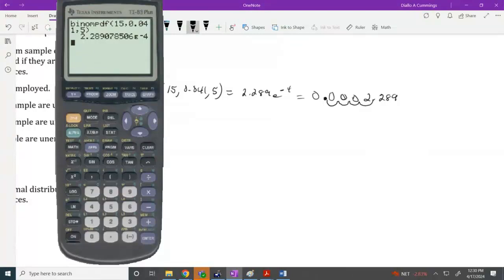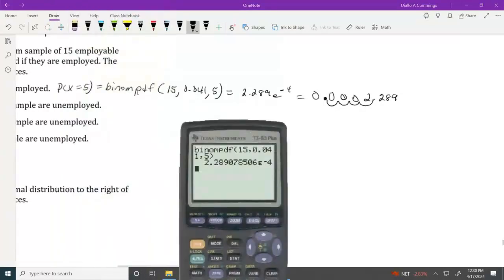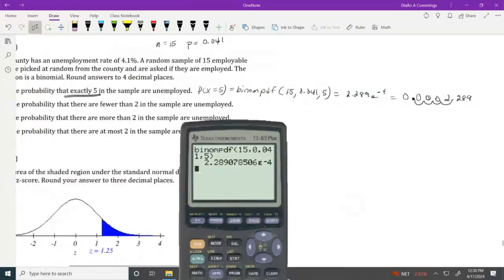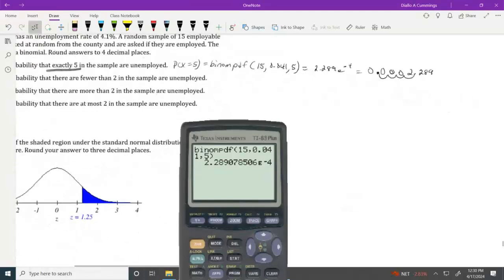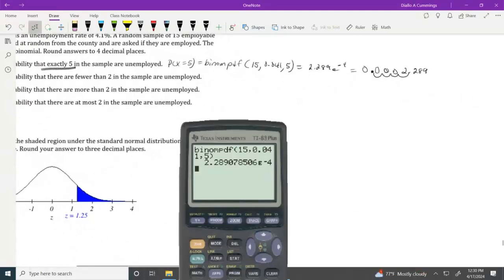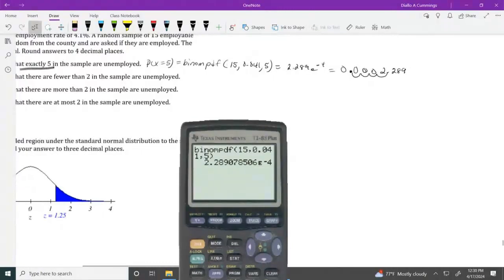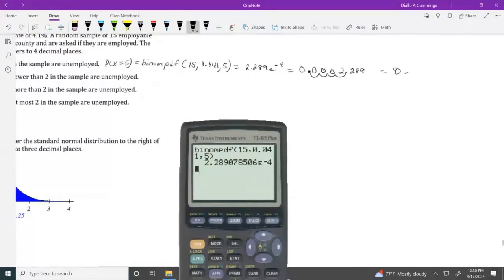So what do we put in the calculator to tell us to do only 4 decimal places? Okay, this one says 4. The answer here would be 0.0002.